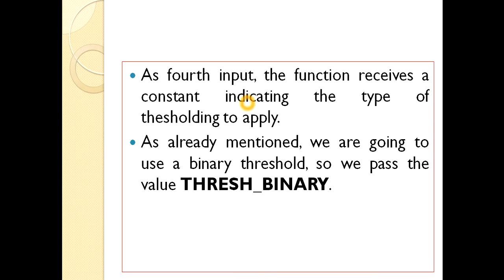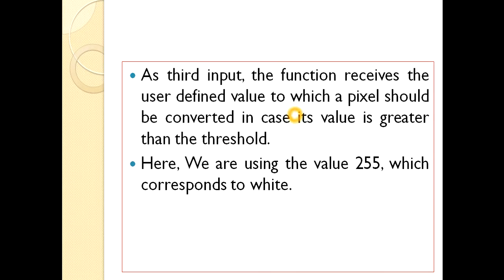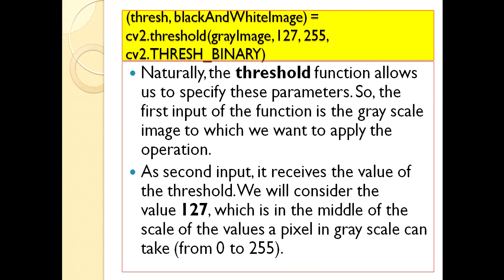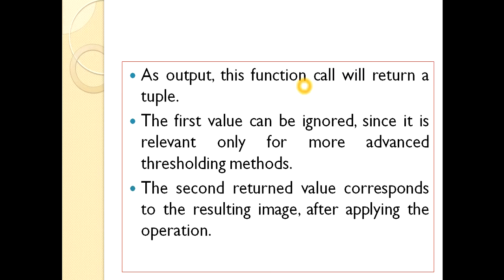As you know, there are many of them, so we are using binary thresholding. And for the output, you will see that there are two of them: the threshold value and the black and white image. The threshold value, in this case, we don't want. We want the black and white image, that is the monochrome image, which will be stored and then displayed.